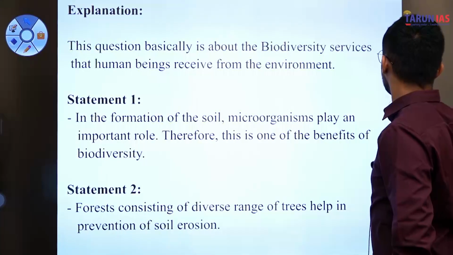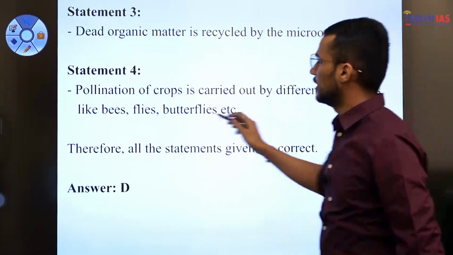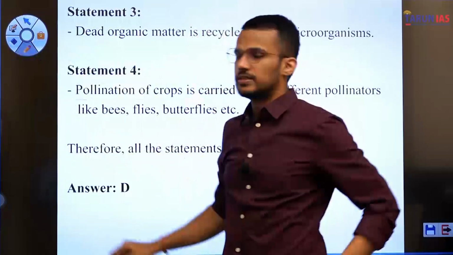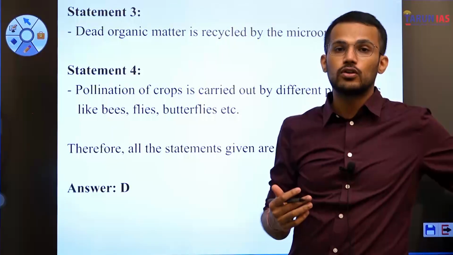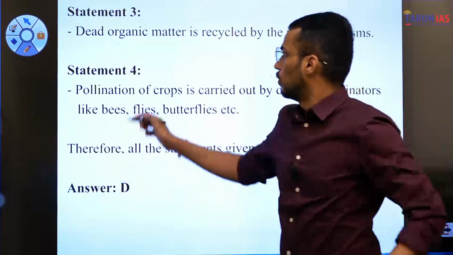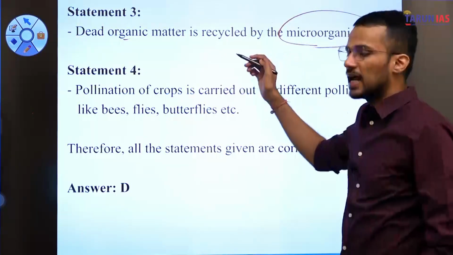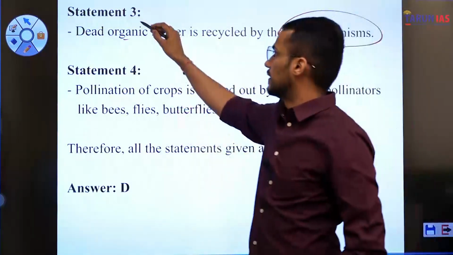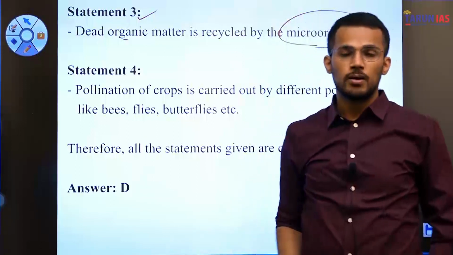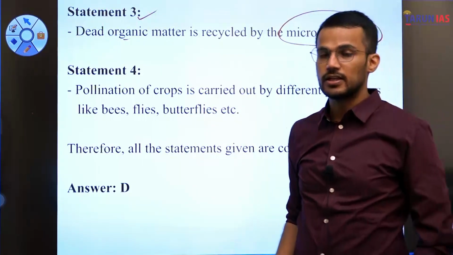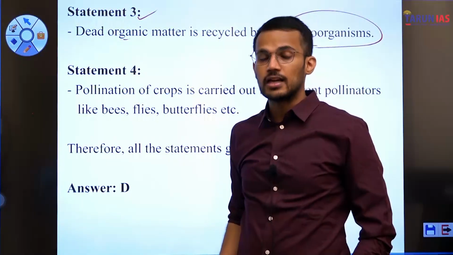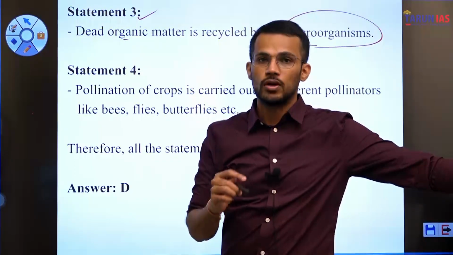Next, third is decomposition or management of waste material. So, dead organic matter is recycled by microorganisms, and hence it is also a service that we are receiving from biodiversity. And that's why third statement is also correct. And lastly, it is pollination of crops.